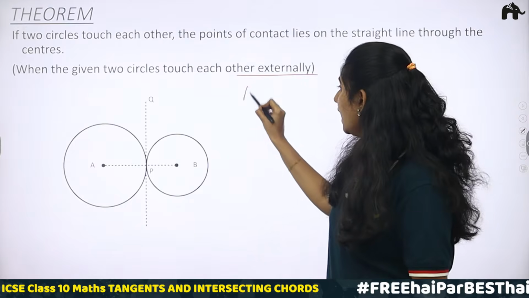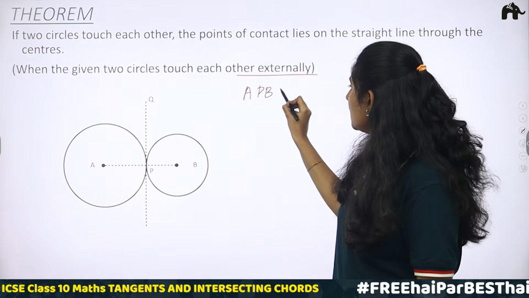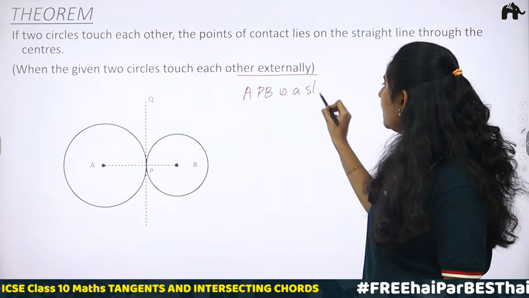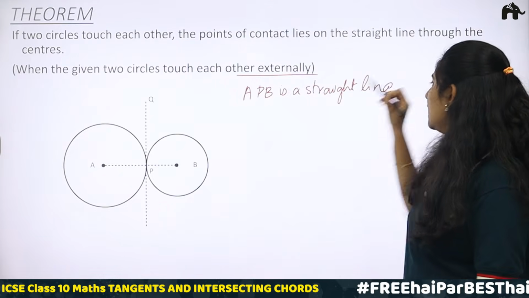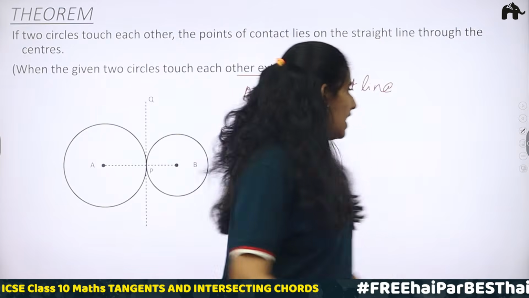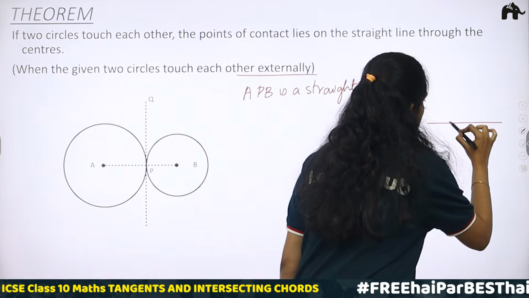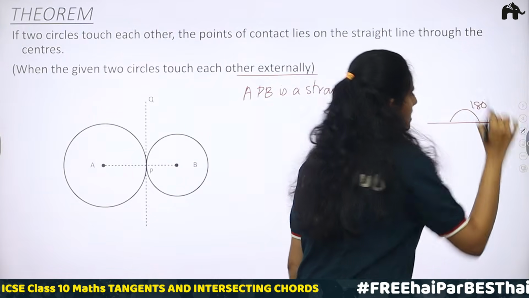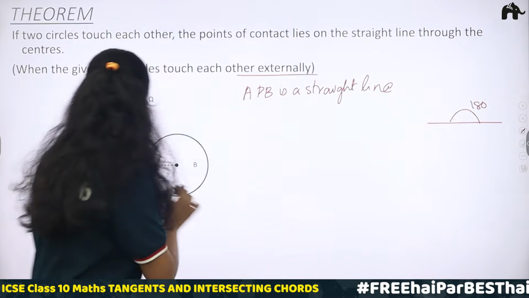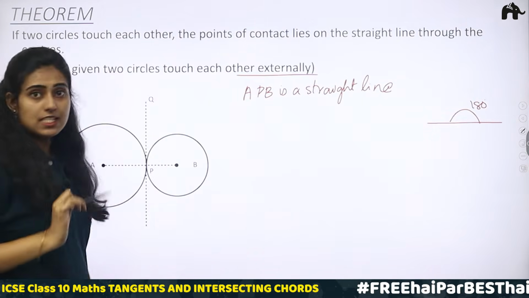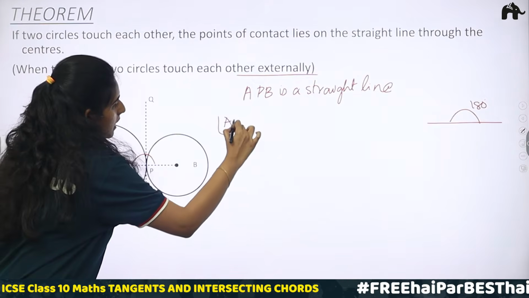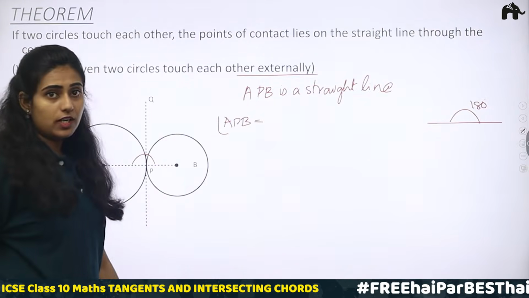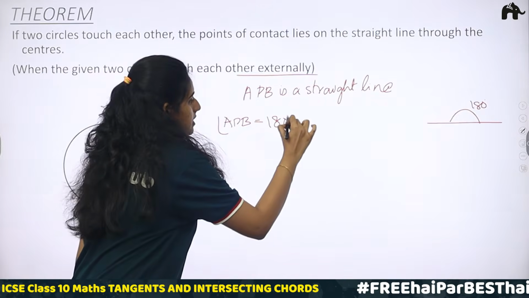We have to show APB is a straight line. How to show APB is a straight line? When you have a straight line, this angle will be 180 degrees. Here, if APB is a straight line, then angle APB should be equal to 180 degrees.